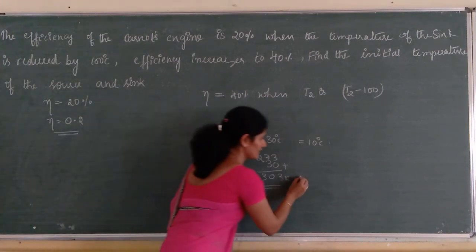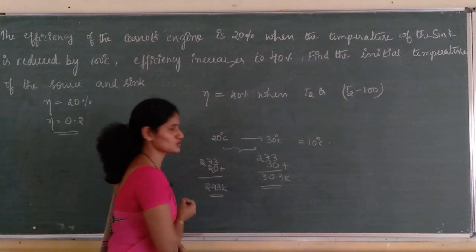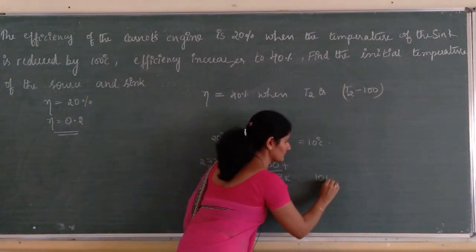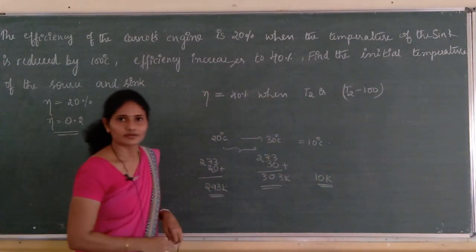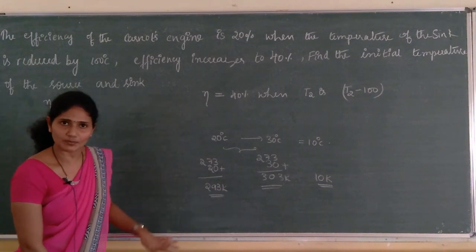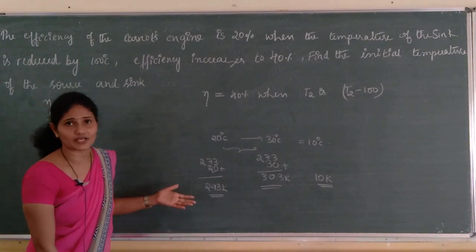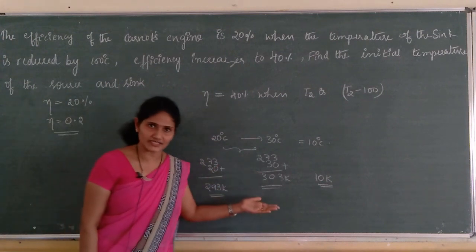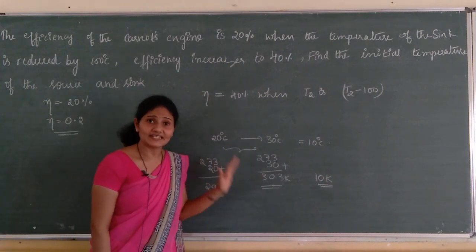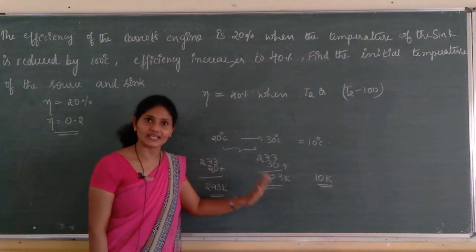Same, 10 Kelvin. 303 minus 293 is 10 Kelvin. So decreasing the temperature or increasing the temperature by 100 degrees Celsius means we are decreasing it by 10 Kelvin.